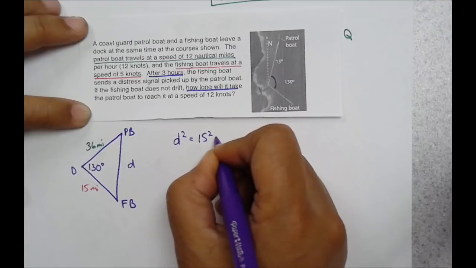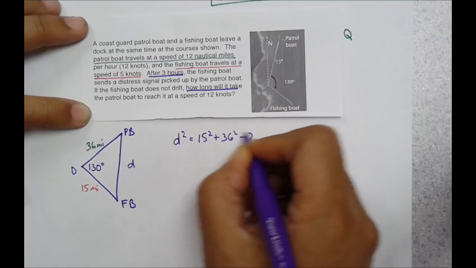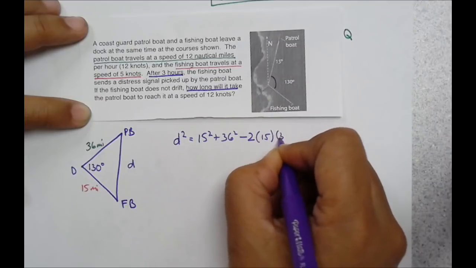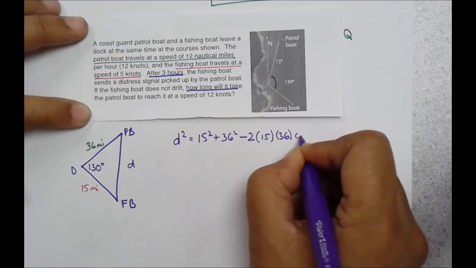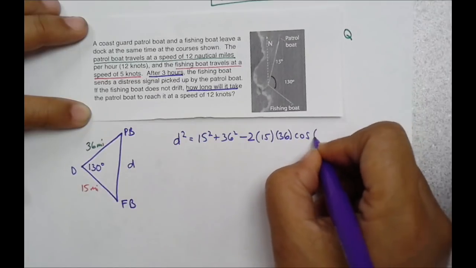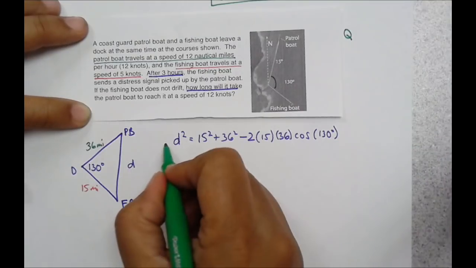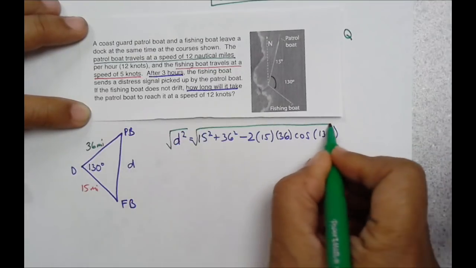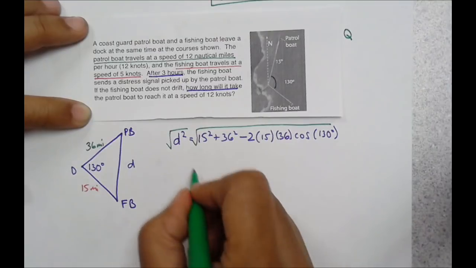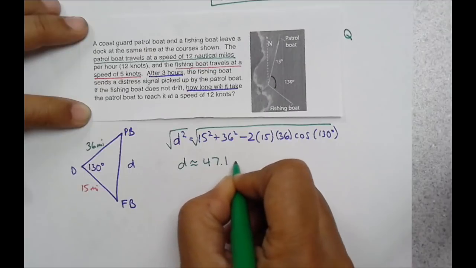So 15 squared plus 36 squared minus 2 times these two values, 15 times 36, and then cosine of this angle that was given across from D, which is 130 degrees. All right, to solve for D, I'm just going to take the square root, plug this whole thing into your calculator, and that D value is approximately 47.1 miles.